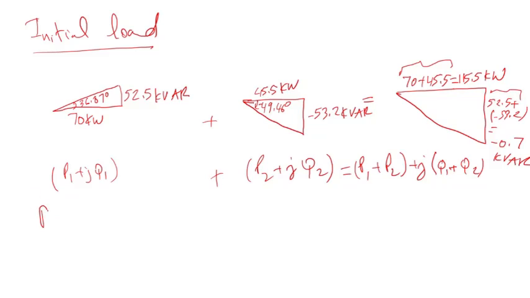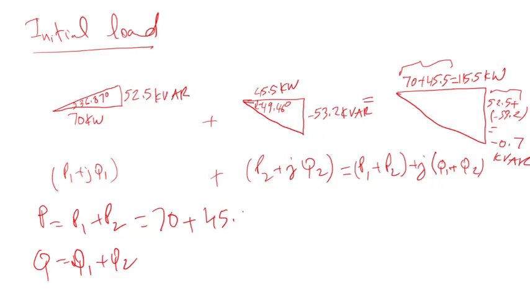In other words, the total P is P1 plus P2, and total Q is Q1 plus Q2. As I showed on the power triangle, P1 is 70 and P2 is 45.5, which comes to 115.5 kilowatt.